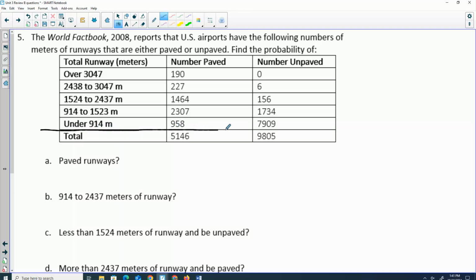Did give us a total column here. So, the World Factbook in 2008 reported that U.S. airports have the following number of meters of runways that are either paved or unpaved. We are finding all the probabilities. So the probability of paved. How many are paved?